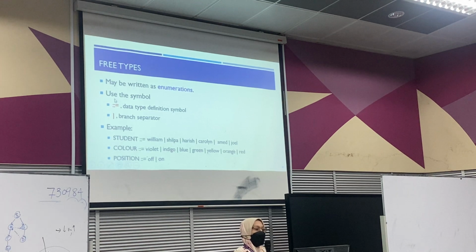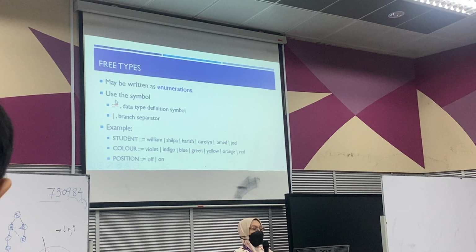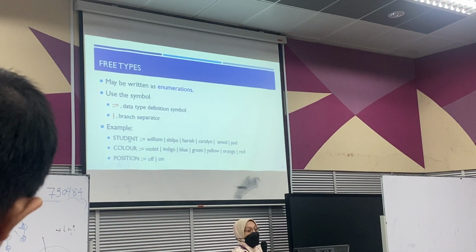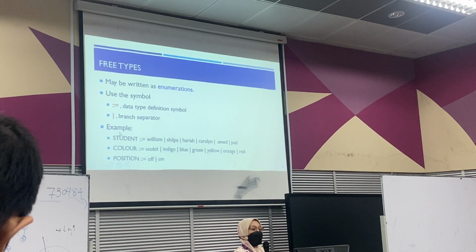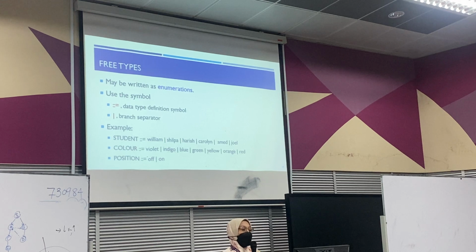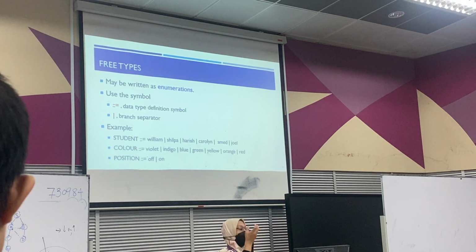The symbols that you're going to use are these two symbols. One is the branch separator, another one is the type definition symbol. So how to write it? You are going to have one name to represent the free type.